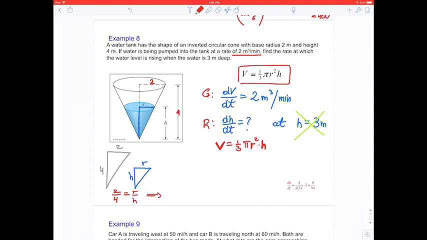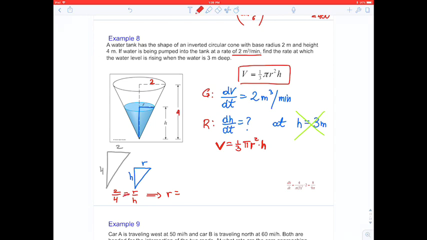And I can solve this equation for radius, which will be 4 radius over 2h, which actually is 2 radius over h. No, something is wrong. Something is wrong. Radius will be 2h over 4.